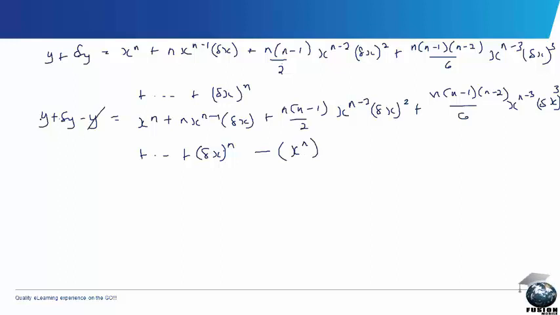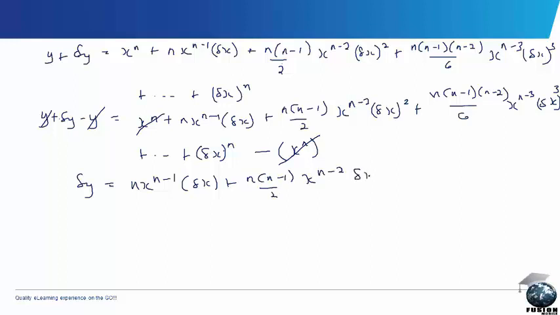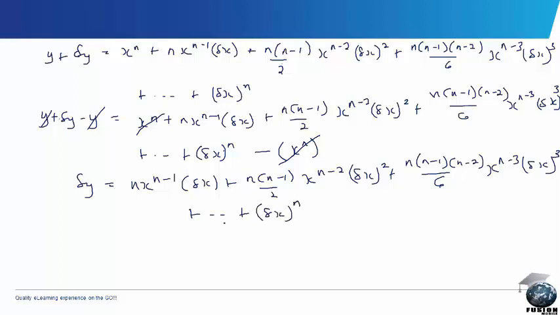Alright, so this y takes care of this y, x raised to the power n takes care of x raised to the power n, so that dy is equal to n of x raised to the power n minus 1 dx, plus n minus 1 over 2 x raised to the power n minus 2 dx all squared, plus n into n minus 1 and n minus 2 over 6 x raised to power n minus 3 dx raised to power 3, and then it continues to have dx raised to power n. Fine.